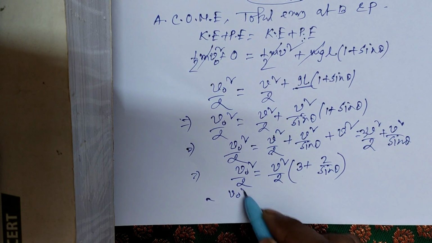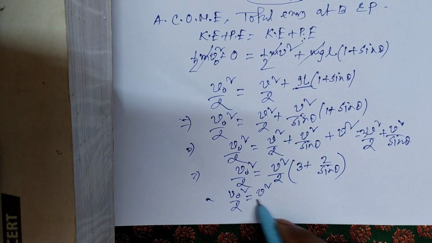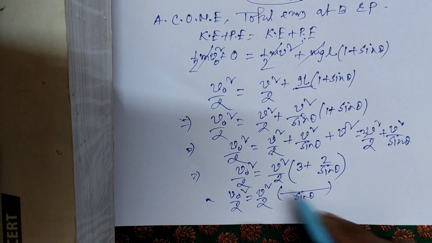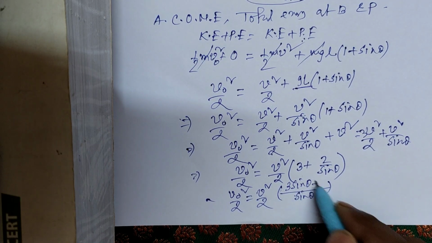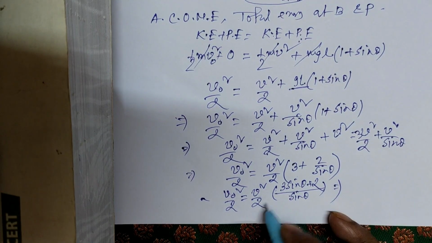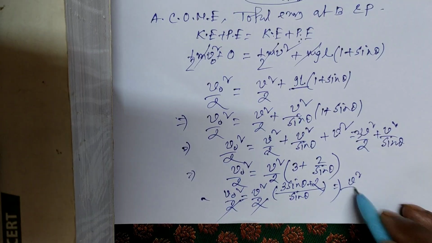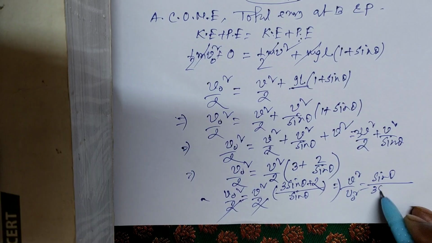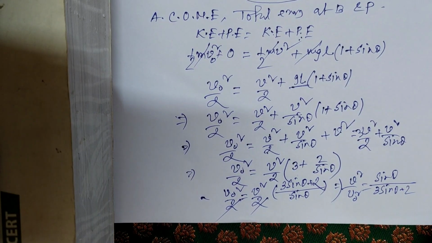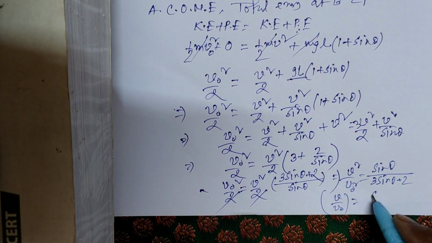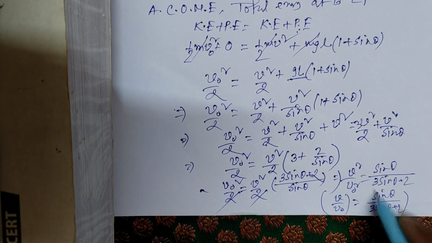Now v0 square by 2 is equal to v square by 2 into (3 sin theta plus 2) by sin theta. Now 2 is cancelled, so v square by v0 square equals sin theta by 3 sin theta plus 2. So now v by v0 equals the square root, that means the whole to the power half, of sin theta by 3 sin theta plus 2, whole to the power half.